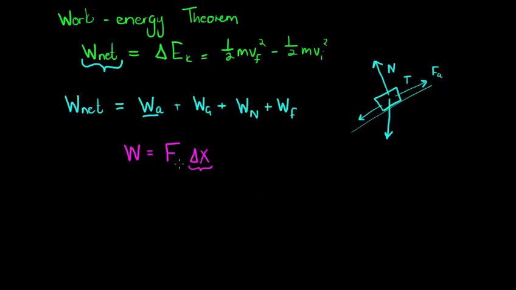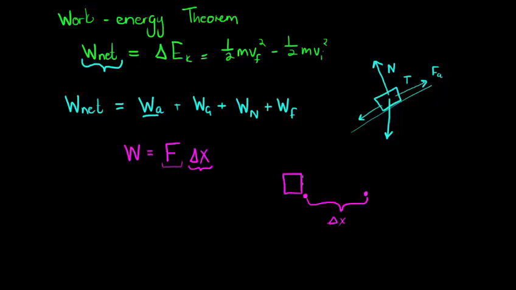The other thing is that work is only done by the component of the force that's in the direction of the motion. For example, if I have an object going from this point to that point, it's going to move this distance. This is the displacement.